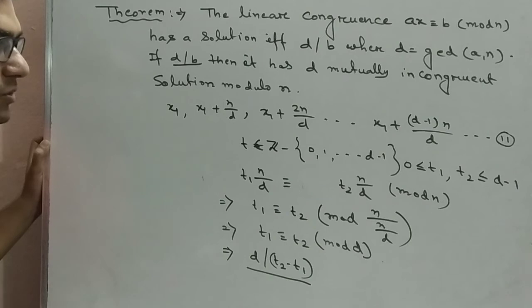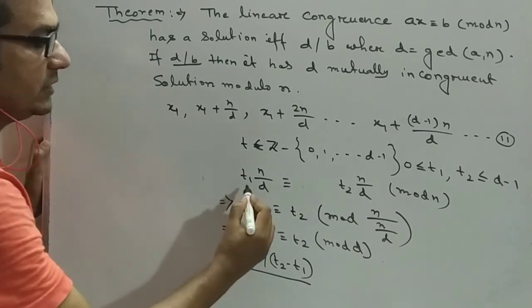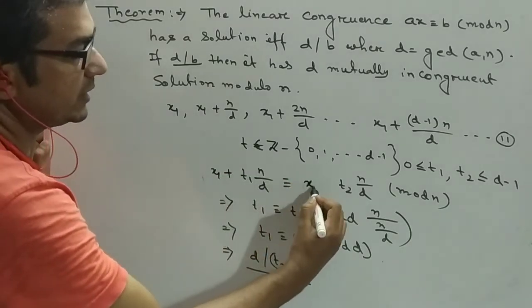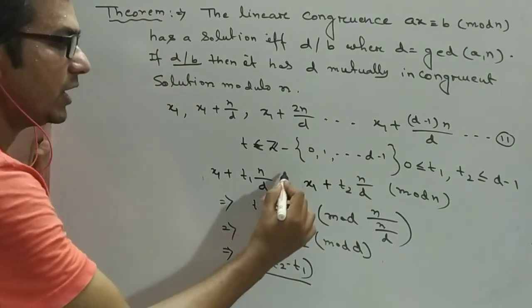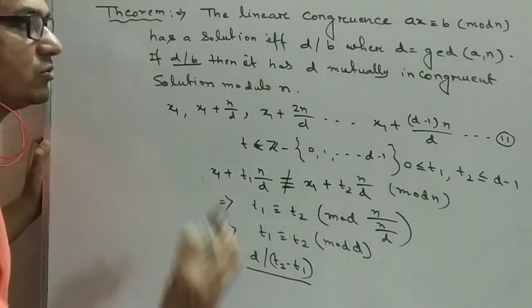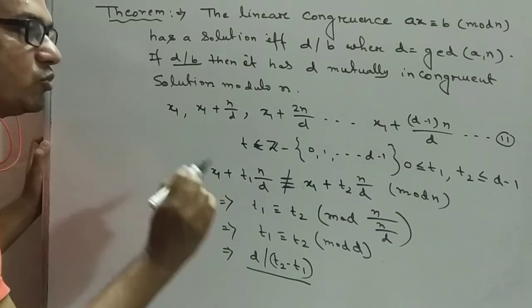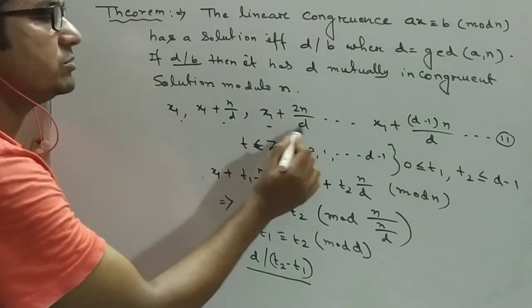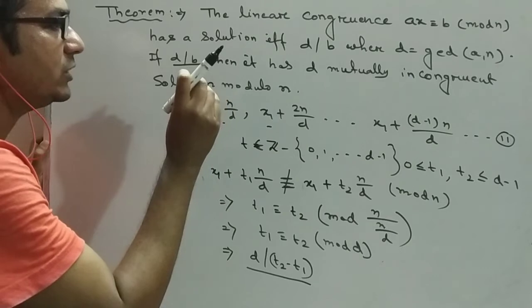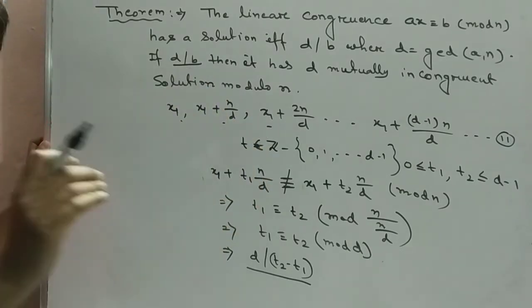That is, these two, x1 plus this and x1 plus this, are incongruent. So we first prove all the d solutions in the list 2 are incongruent modulo n.